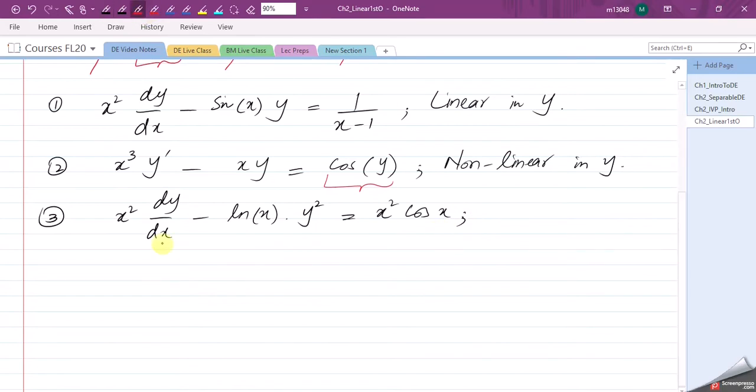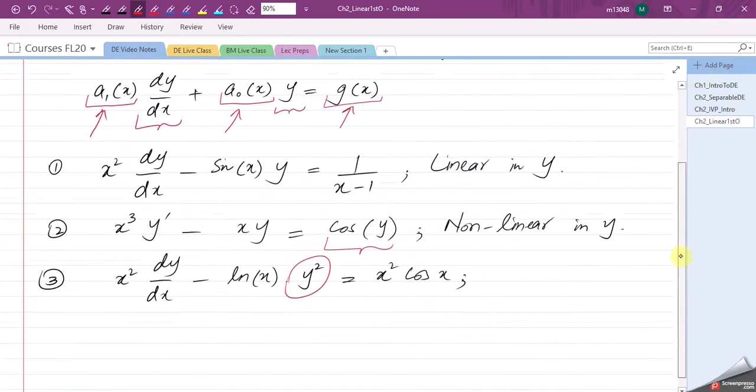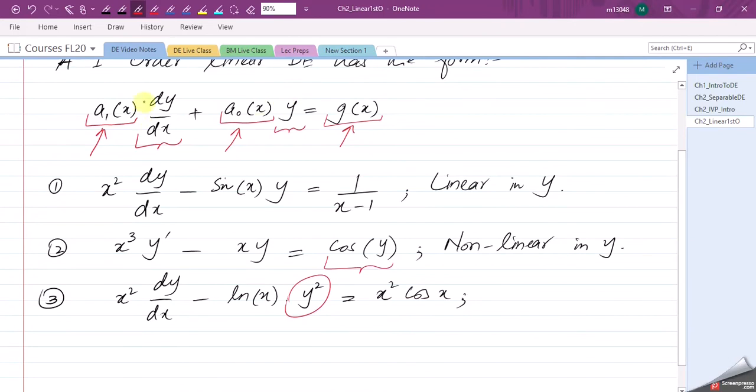The rest, everything is fine with the equation. Function of x times dy by dx without power, log of x minus log of x is a function of x. Here is the problem: y square. We do not want any power on y or the derivative in this equation, and we have a power here. That tells us that this is nonlinear.